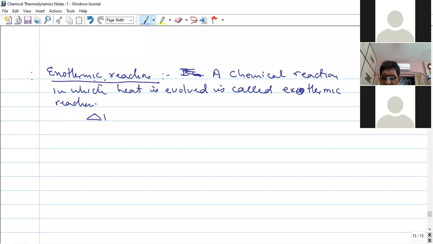Delta H is negative. इसके लिए delta H negative. For this, the delta H is negative.